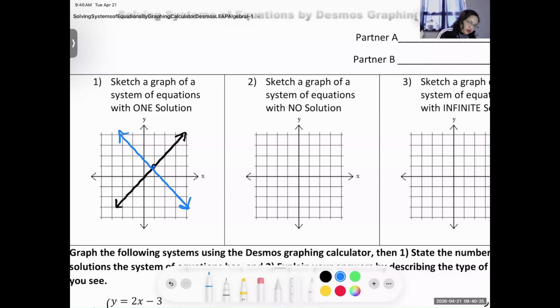For a system with no solutions, I'm gonna put a dot here, and I'm gonna put a dot here, and I'm gonna put another dot here, and I'm gonna put another dot here. I'm gonna try my little piece of paper.